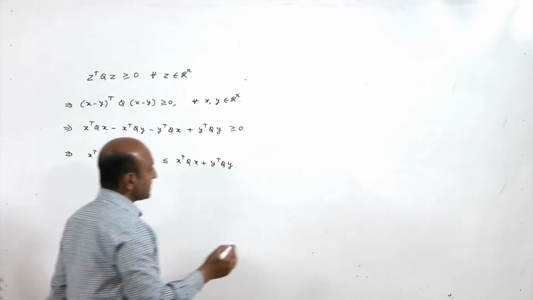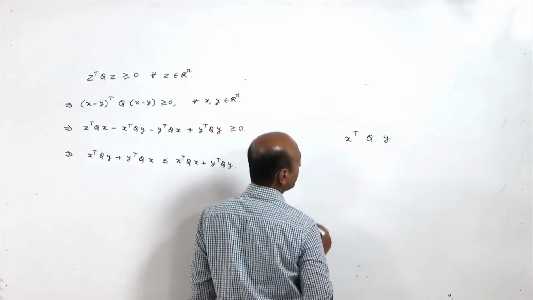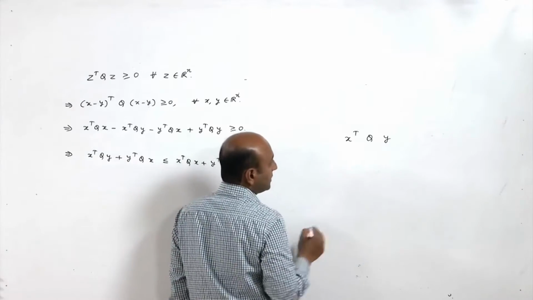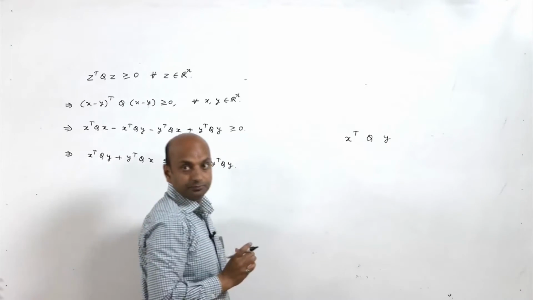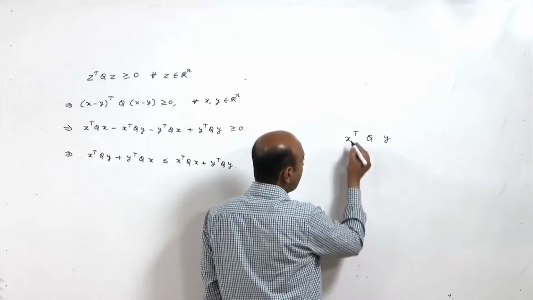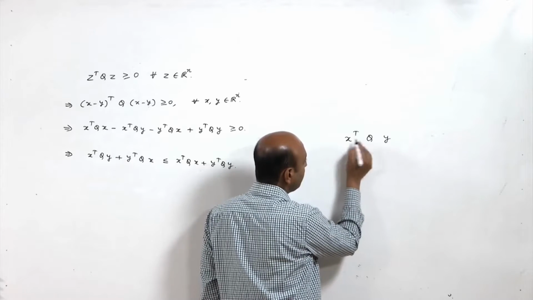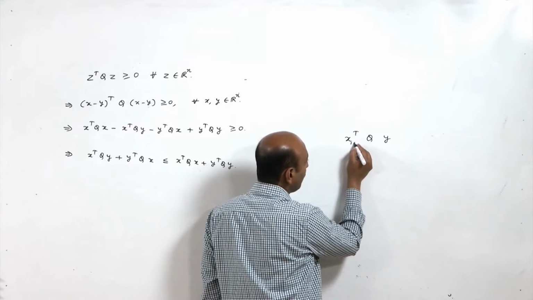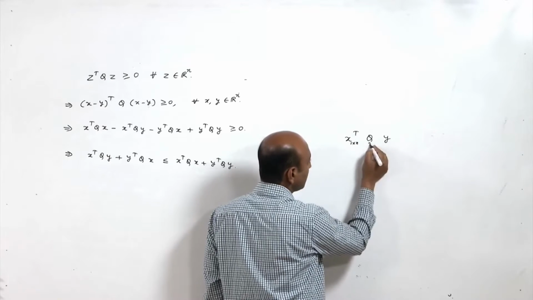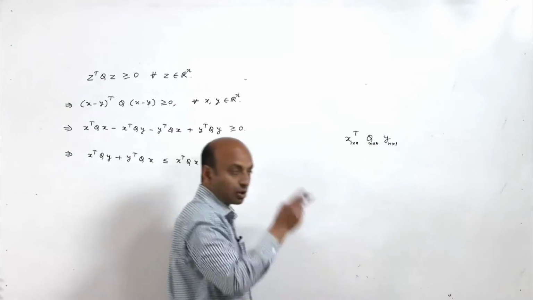Now, this x transpose Q y is a scalar. This is a scalar because x transpose is a row vector, so it is of one row and n columns. Q is n cross n, and y is n cross 1, a column vector.